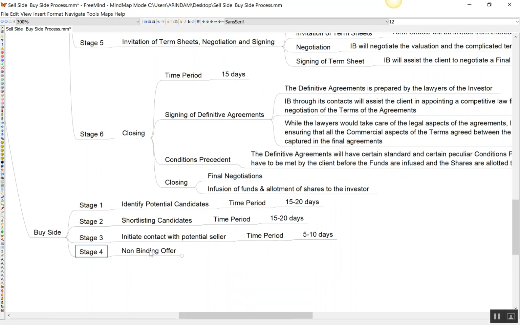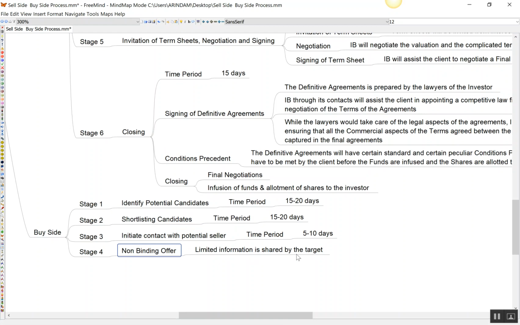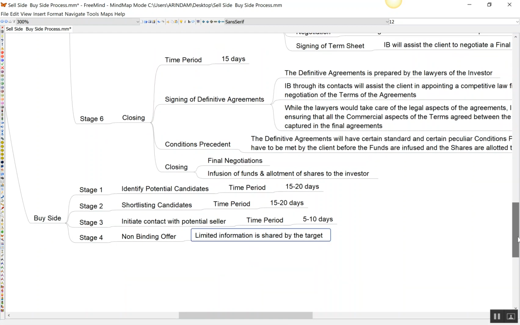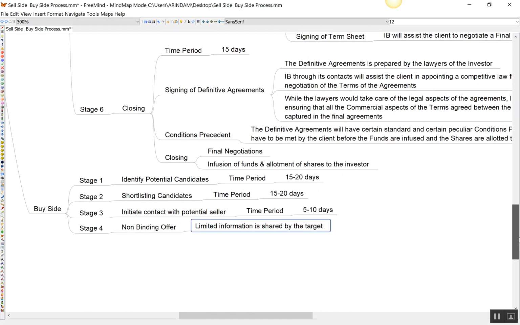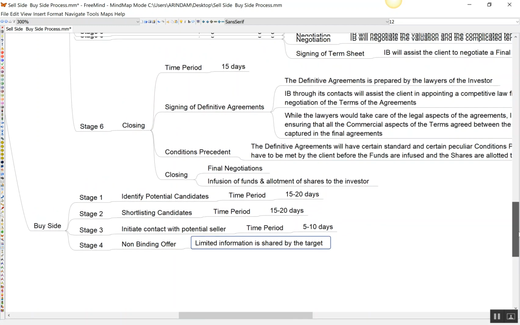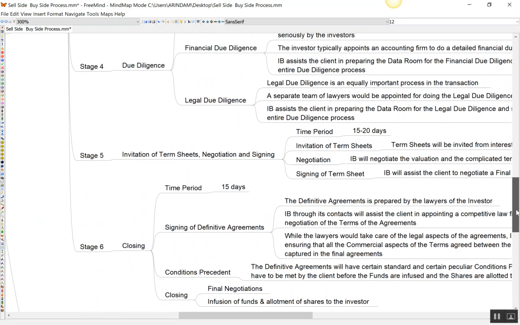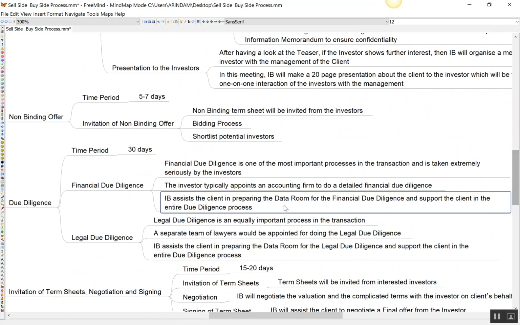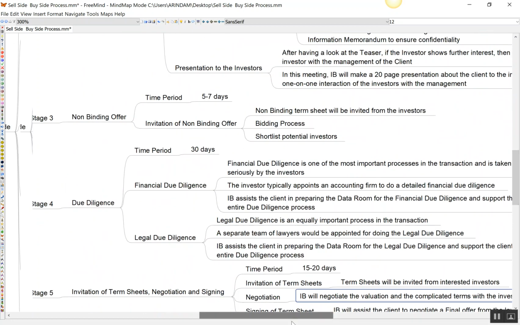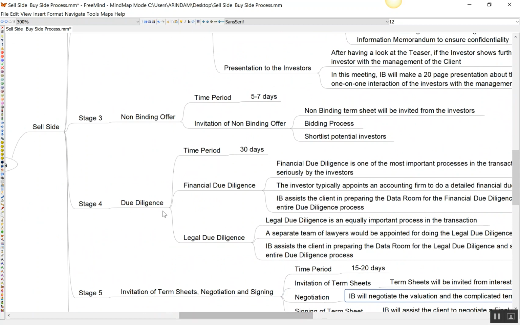And stage 4 is the non-binding offer, where limited information is shared by the target, right? So these are the stages undertaken on the buy side at the initial stage, and post that, whatever activity you see on the sell side, like due diligence, is undertaken.